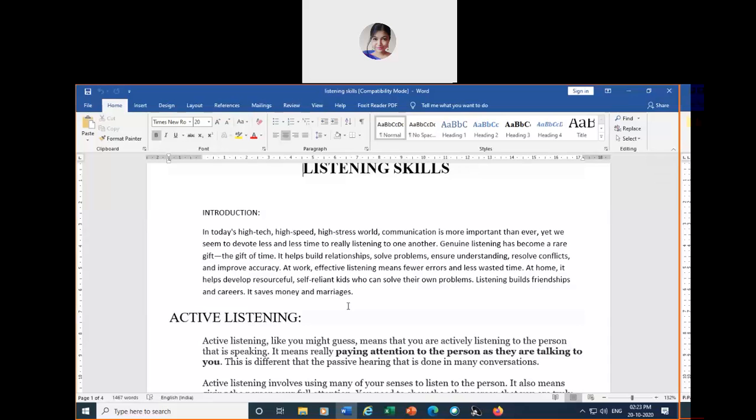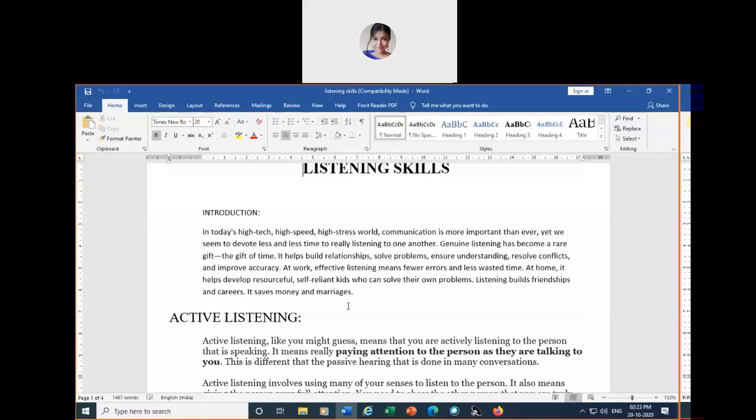Active listening involves paying attention to the person who is speaking. When you concentrate and listen to the speaker, that is known as active listening.